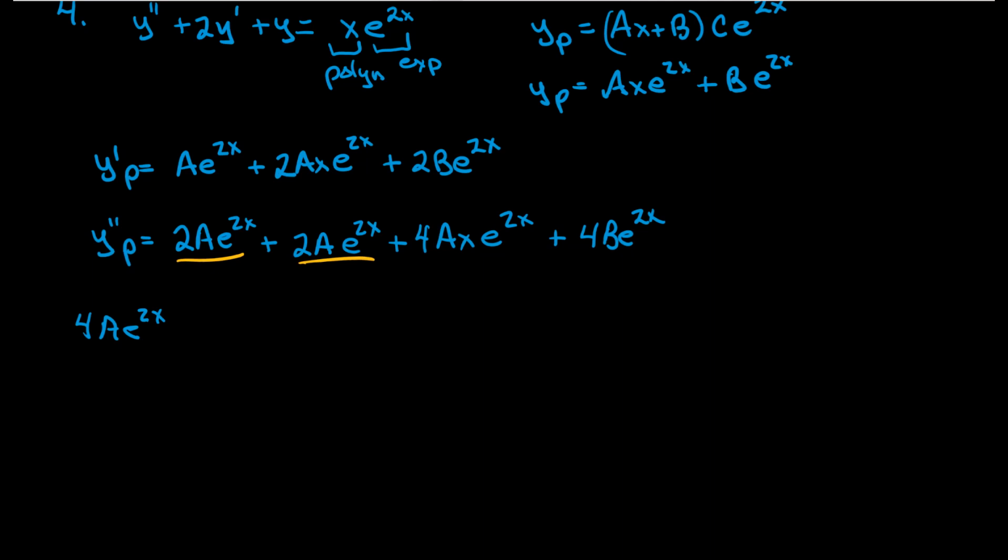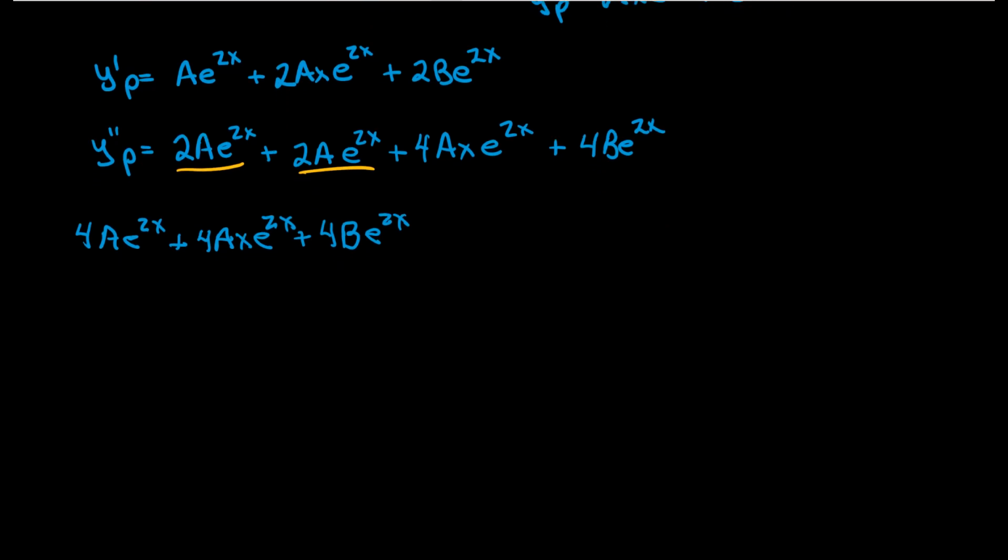Now I'm going to have plus 4ax e to the 2x plus my b, and that's going to be times 4, e to the 2x. So there's my y double prime. When I substitute in my y prime, notice it has a coefficient of 2 on the y prime, so I'm just going to need to multiply the y prime by 2.